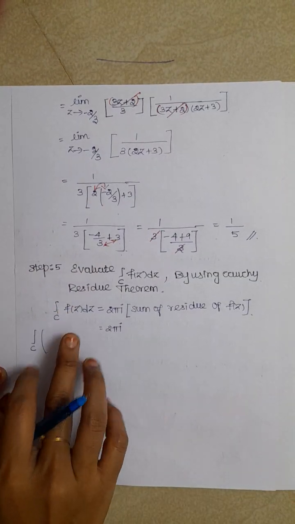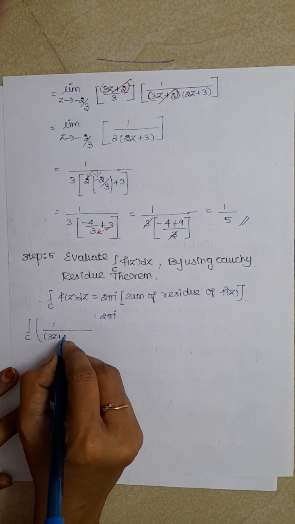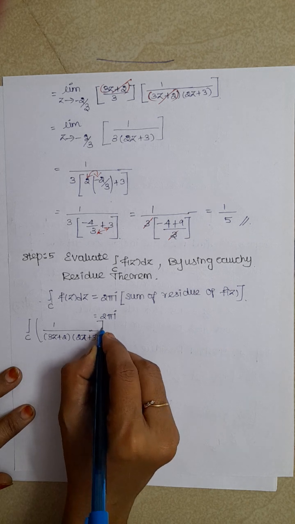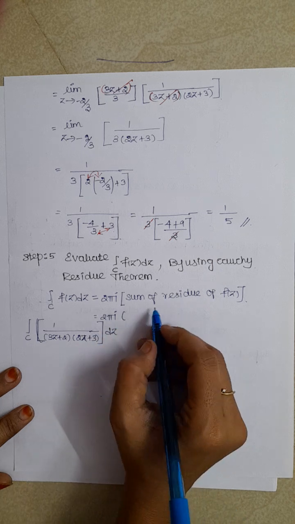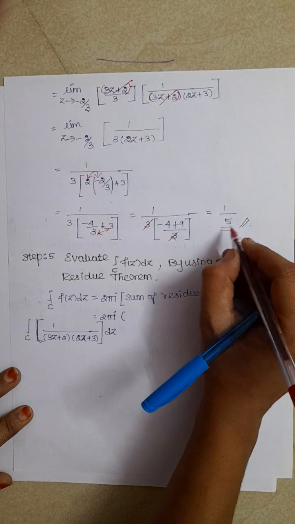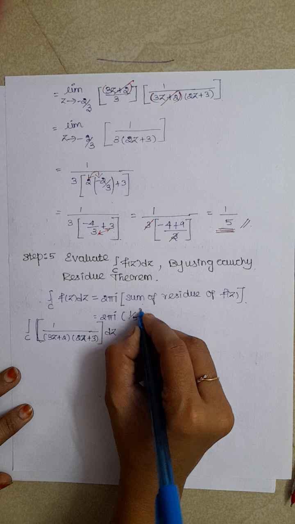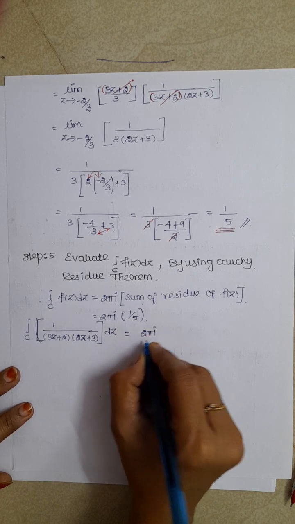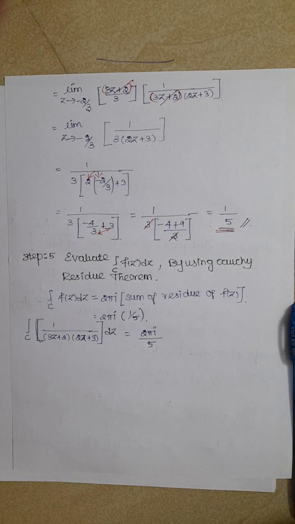So write f(z) value 1 by (3z plus 2) into (2z plus 3) into dz, which is equal to the sum of residues of f(z). What is the residue value? 1 by 5. So substituting here, the total value is 2 pi i divided by 5. Okay.